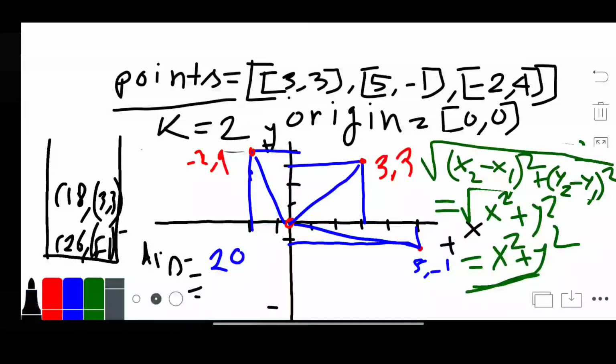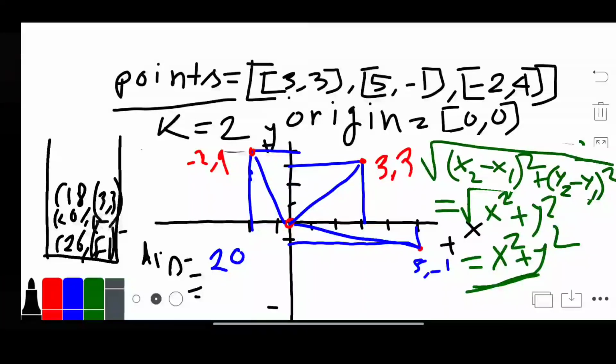So we will add it to our heap, because a min heap always sorts the values in ascending order.